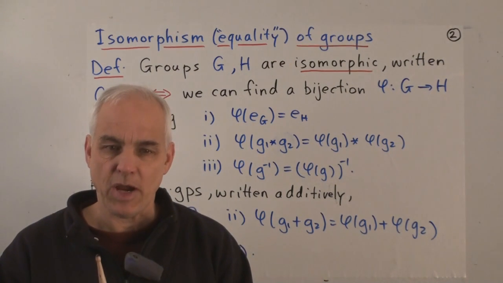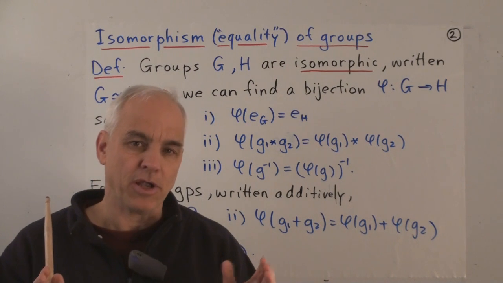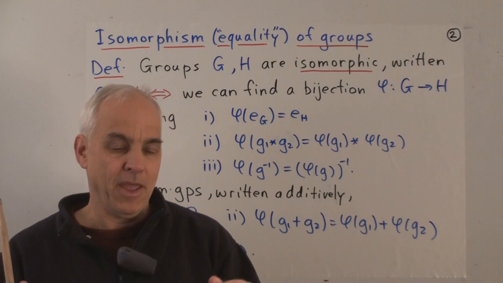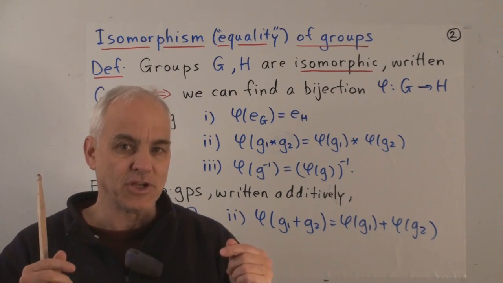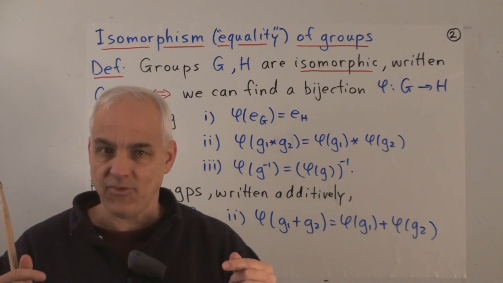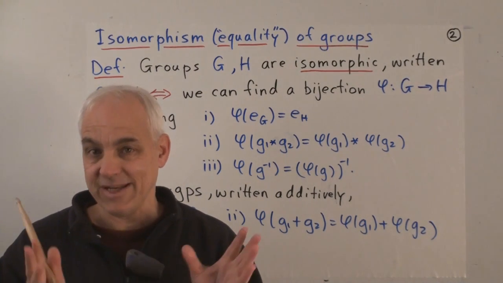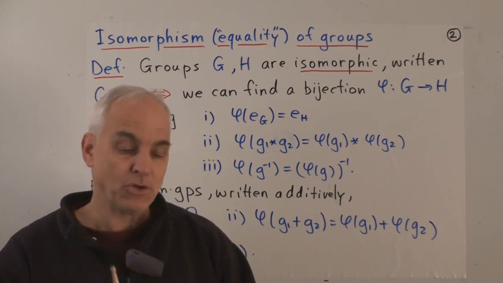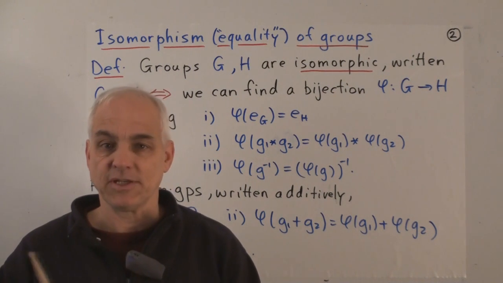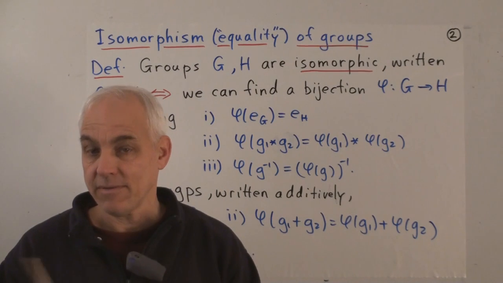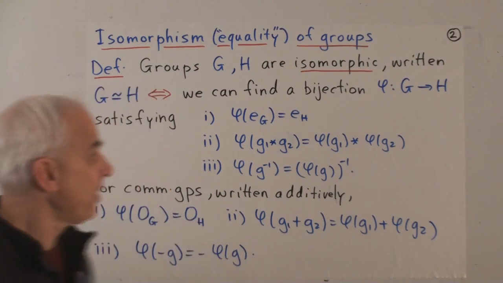There are many situations where two objects are almost the same except they're labeled differently. We don't want the difference of labels or names to interfere with our saying that those two objects are really essentially the same. So the notion of isomorphism captures this very important aspect of algebraic theory.